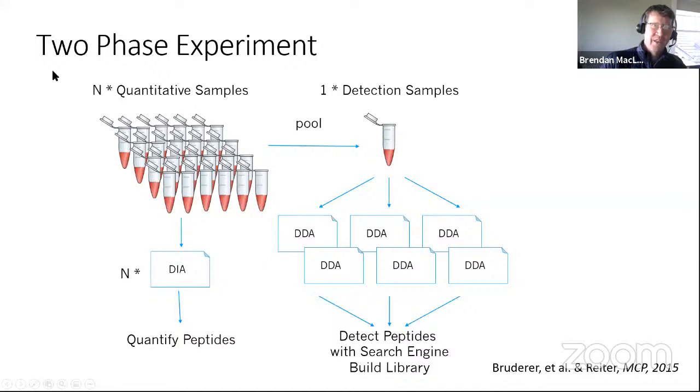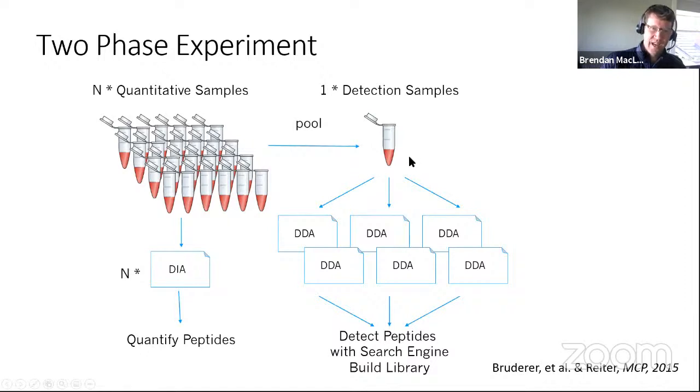So yesterday we covered this idea of a two-phase experiment, introduced in this Bruderer paper, MCP 2015. What was done was to take one pooled sample from the set of quantitative samples, and run DDA on it with no fractionation.